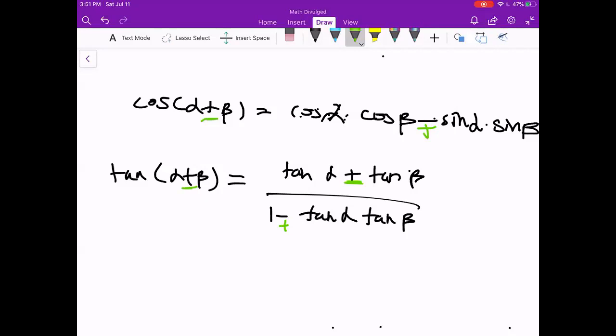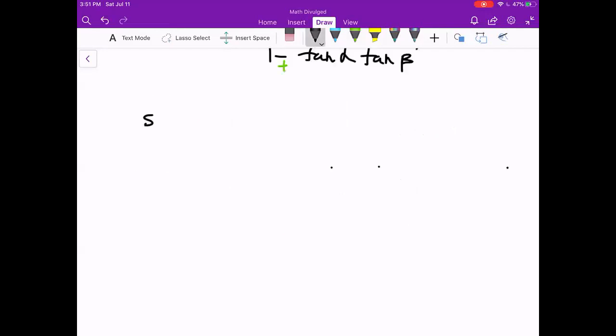So the double angle formulas are basically formulas that find the value of sine of 2 alpha, cosine of 2 alpha, and tangent of 2 alpha.